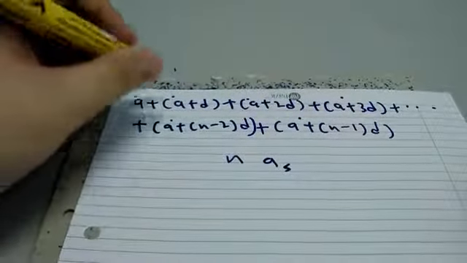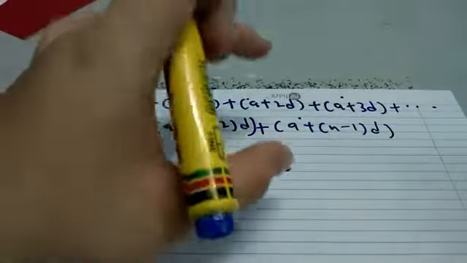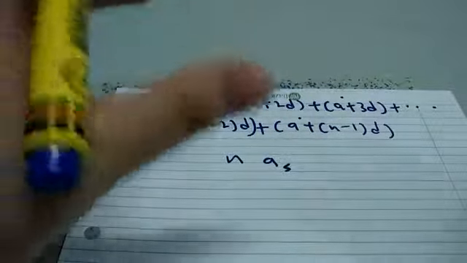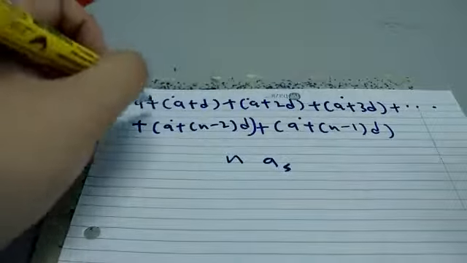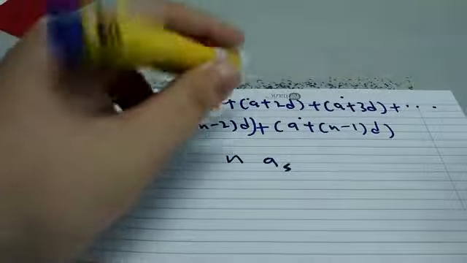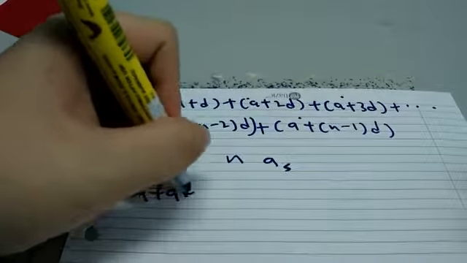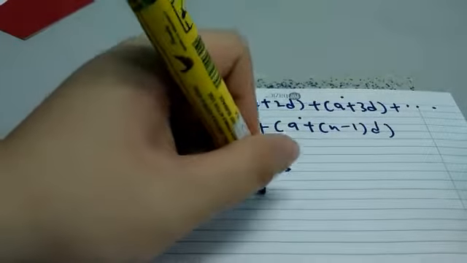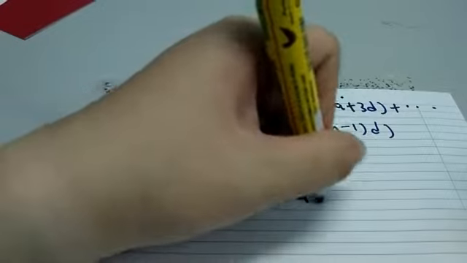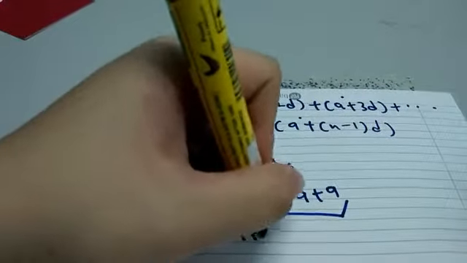So if we separate the expression, because we just add them together, we don't need the bracket. So I get a plus a plus ... plus a. This thing is going for n times.